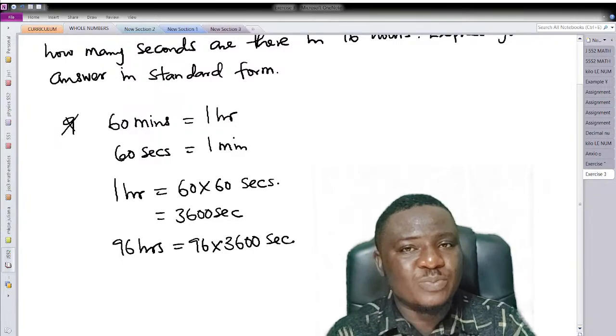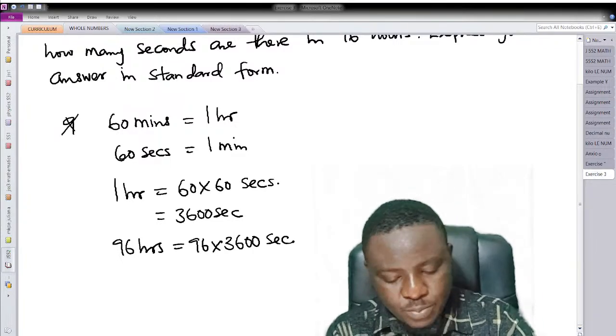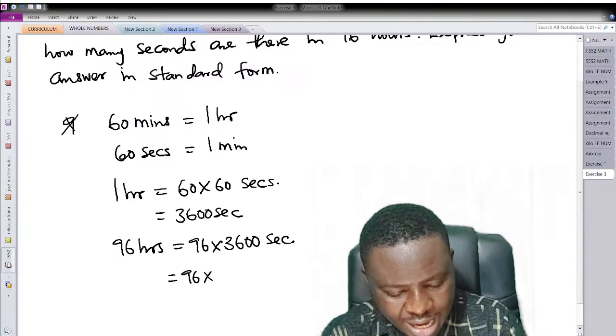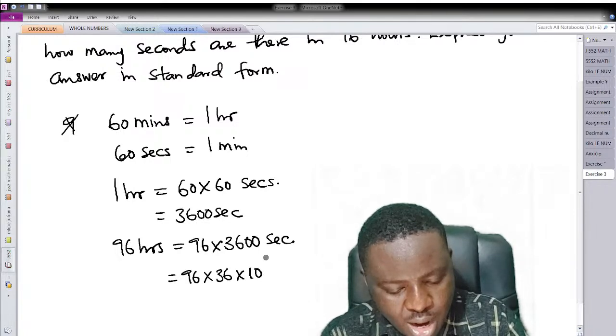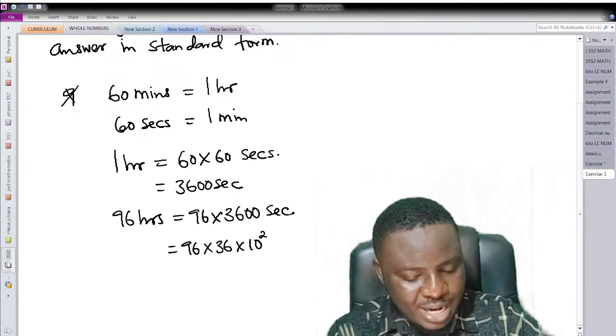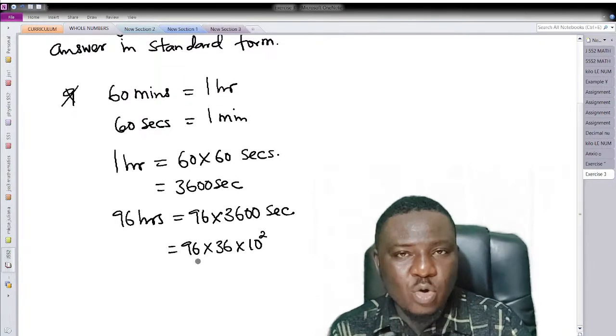But I'm going to express it in standard form and then multiply. So this is going to give me 96 times 36 times 10 raised to the power of 2. Reason being that I want to multiply this as whole numbers.